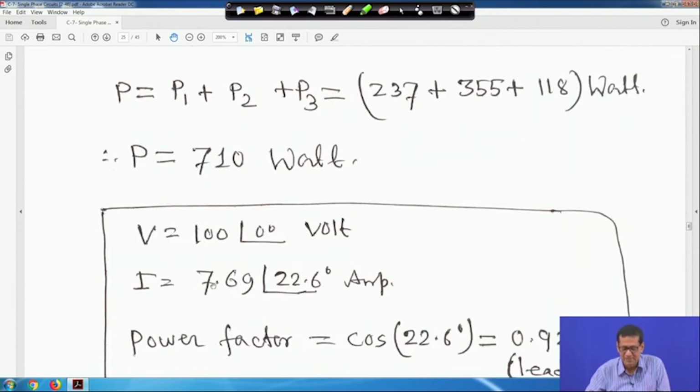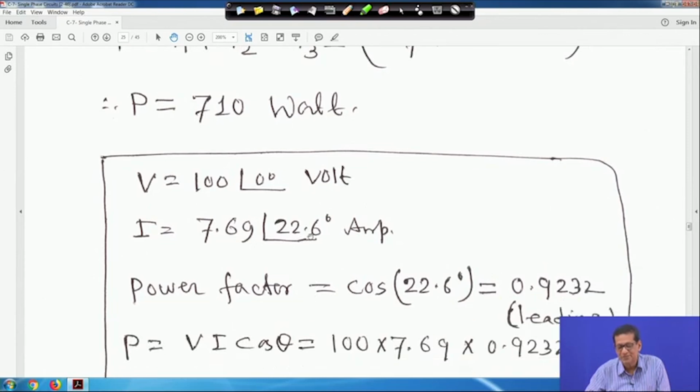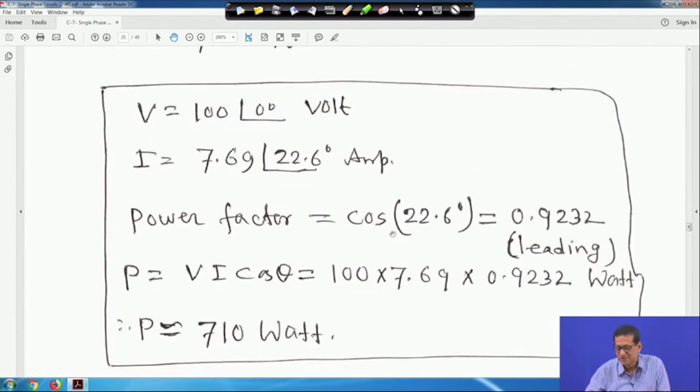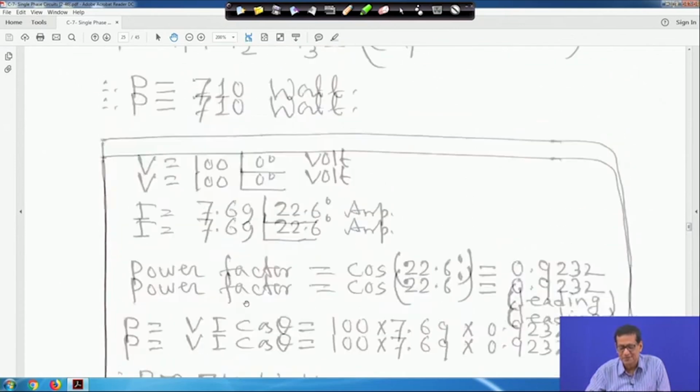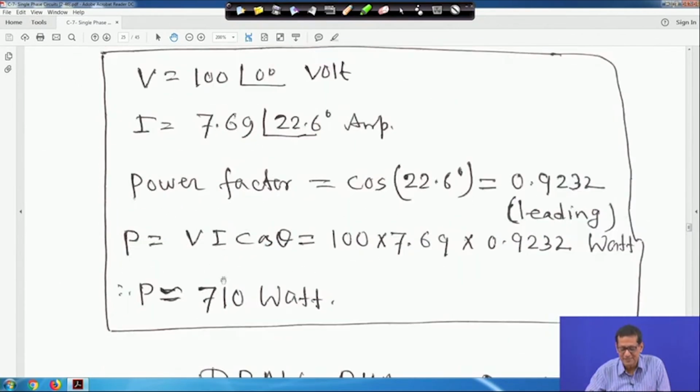And if you use V is equal to 100 angle 0, I is equal to 7.69, power factor angle is 22.6 degree. So, cos 22.6 degree is 0.9232, it is leading because the current angle is positive, right, because the voltage angle is 0. So, P is equal to VI cos theta, you will get the same 710 watt, either way you can do it, right.